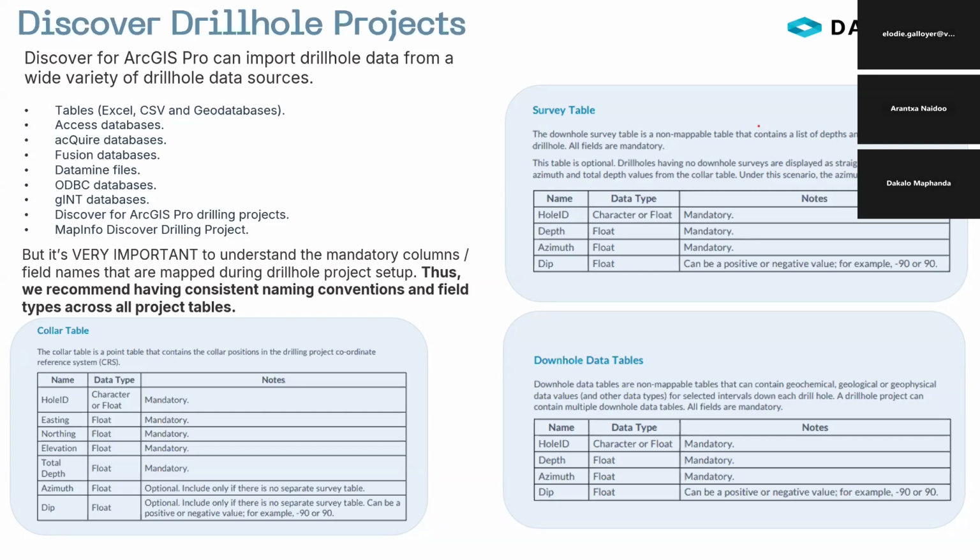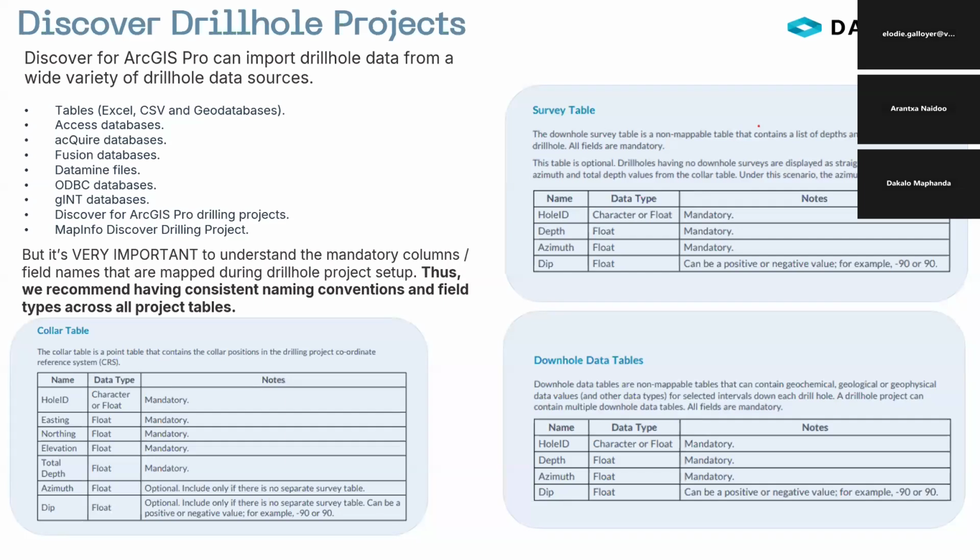I'm just going to explain what you'd need to create a Drillhole project in Discover. You can create Drillhole projects from normal tables, Excel, CSV, geodatabases. You can also connect to Access databases, acQuire, Fusion, bring in your Datamine files, connect to ODBCs, GINT, and if you have any Discover for ArcGIS Pro drilling projects you're sharing amongst your colleagues, they can import that as well, as well as Discover Map Info.